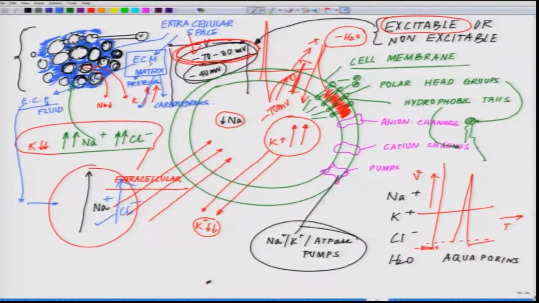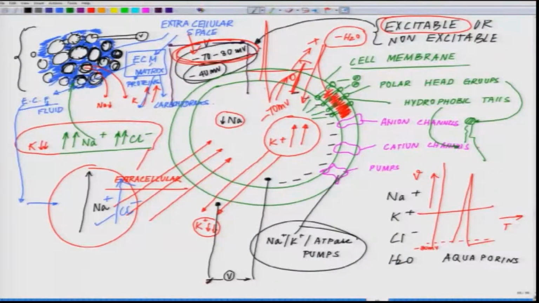And outside this, if you remember, we put a voltmeter across this membrane, this is one probe of the voltmeter, this is the other probe of the voltmeter, and across this we are measuring the voltage. What we found out is that with respect to inside to outside or outside to inside, inside is more negative.